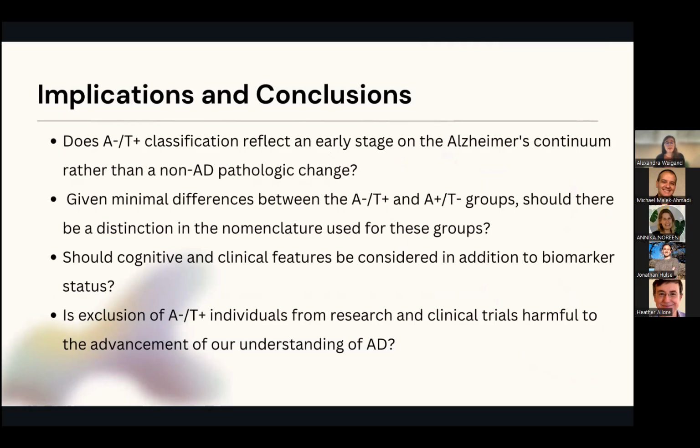Should we consider cognitive and clinical features in addition to biomarker status, as I showed with these neuropsychological scores and these self-reported memory scores, to be pretty important in distinguishing these groups? And is the exclusion of amyloid negative and tau positive individuals from research and clinical trials harmful to the advancement of our understanding of Alzheimer's disease, since these individuals, not being amyloid positive, are often excluded from these research studies?